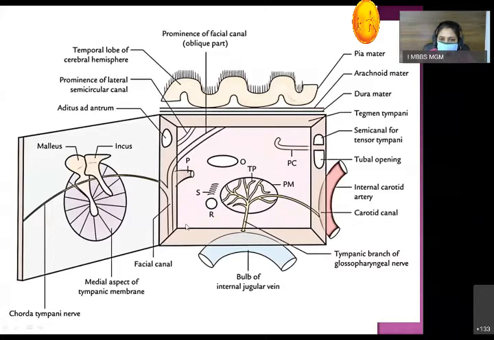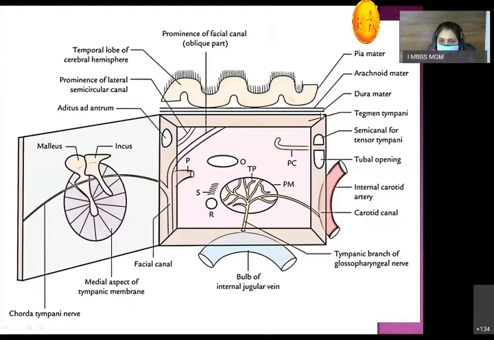This is again the schematic diagram of the tympanic cavity, where you see this is the roof, and it is separated by the plate of bone, that is tegmen tympani, from the middle cranial fossa, where there will be the temporal lobe of the cerebral hemisphere, which is covered by the pia mater, arachnoid mater, and dura mater.